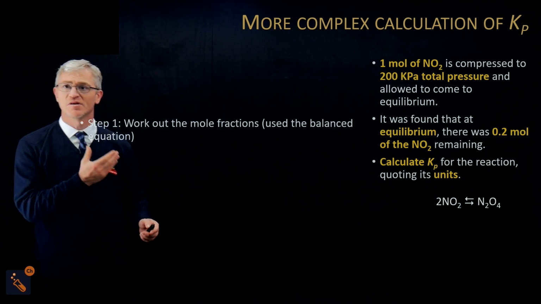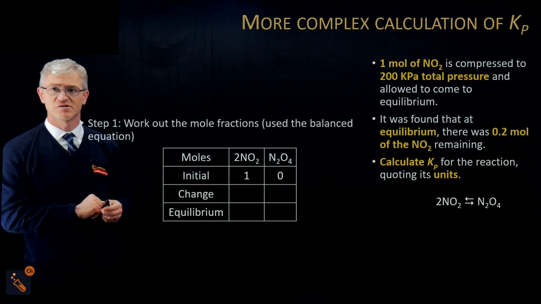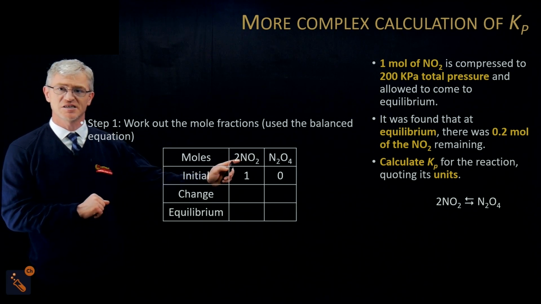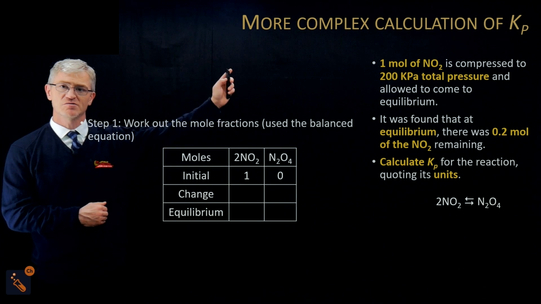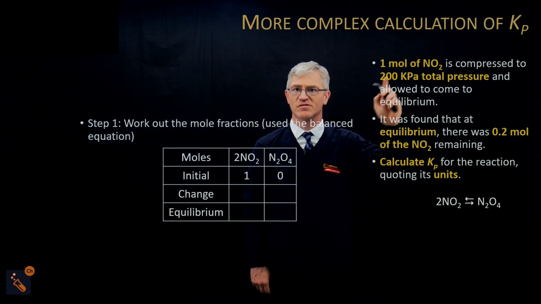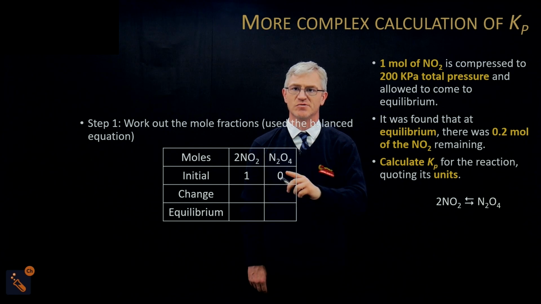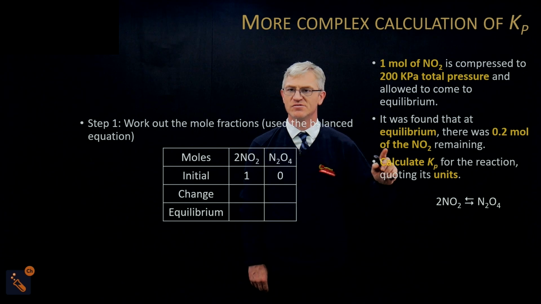So step 1, work out the mole fractions and use the balanced equation. So the balanced equation is here, so you've got 2 and N2O4, and we just got that from the balanced equation over there. You started off with 1 mole, so if I go up here, you can see 1 mole right here of NO2. So we've got 1 mole of NO2, and that's where we got it from. We found at equilibrium there's 0.2 moles of the NO2 remaining, so that 0.2 goes there.